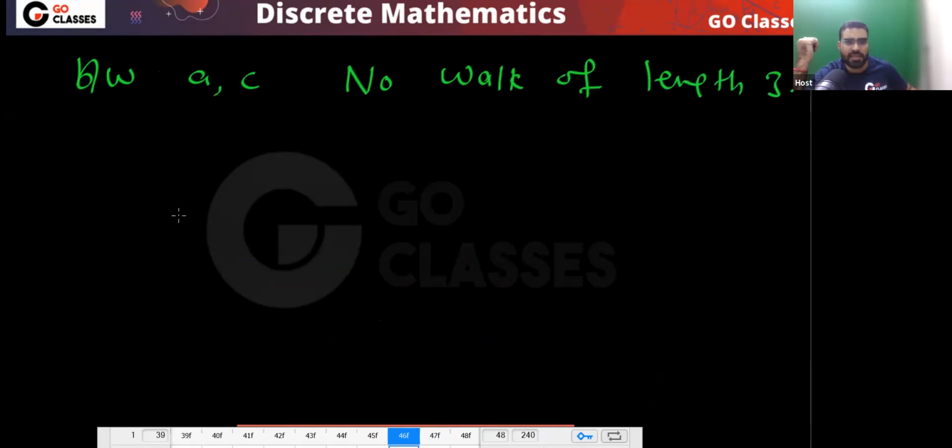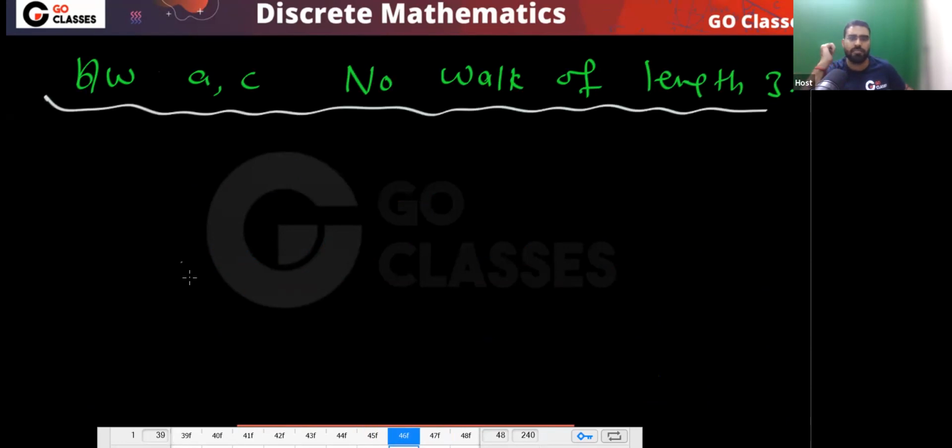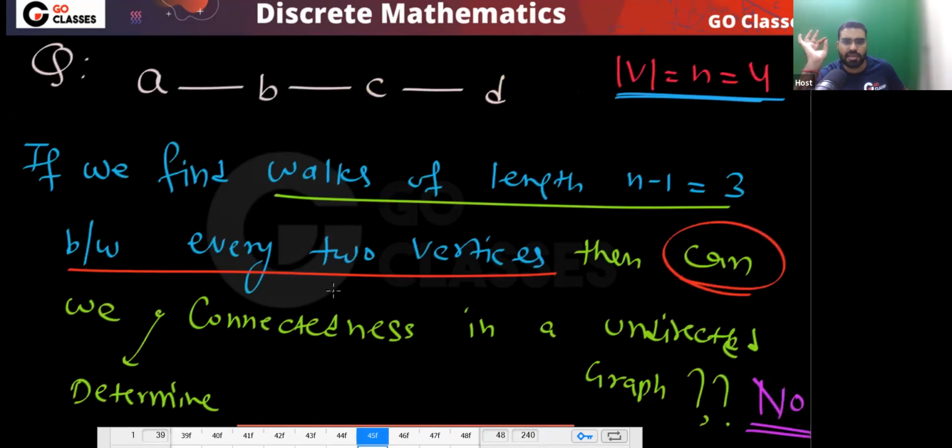So can I say that if you only check walks of length n minus 1, that will not work? Agree? Is this clear to everyone?